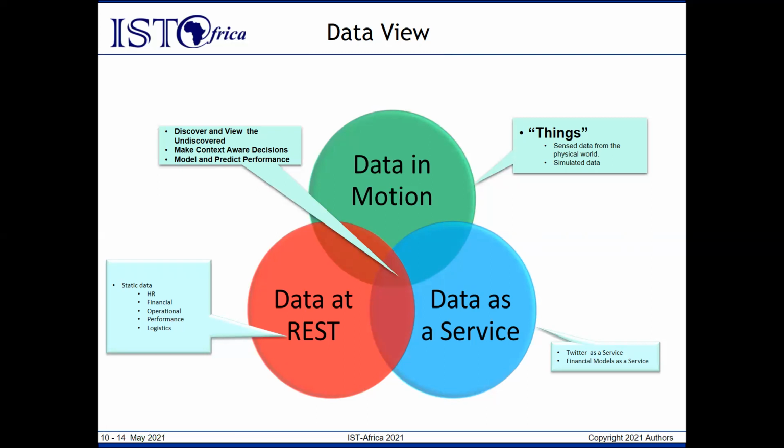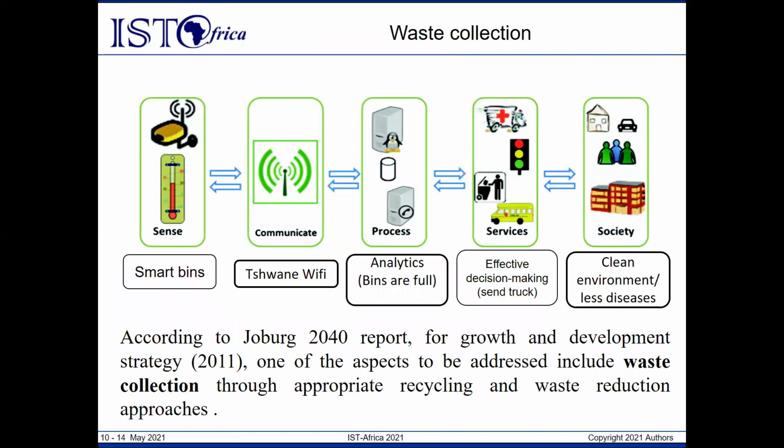The data at rest is the data that can be found on a device, can be stored. It was stored a long time ago and can still be very relevant for big data and decision making because it can be used for other potential services, right?